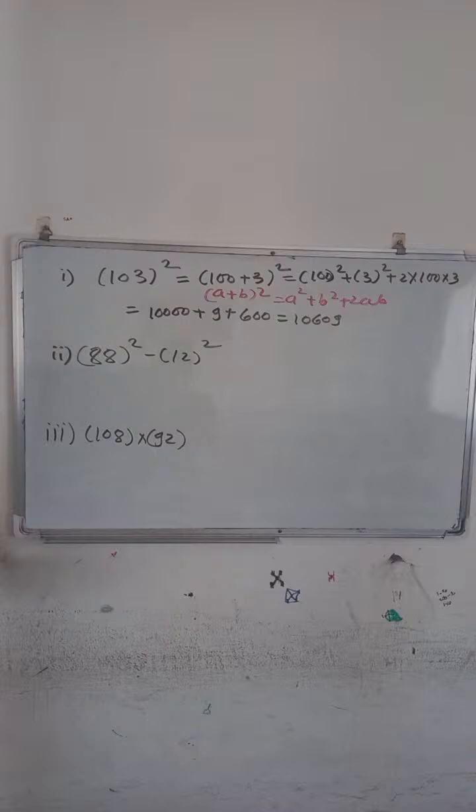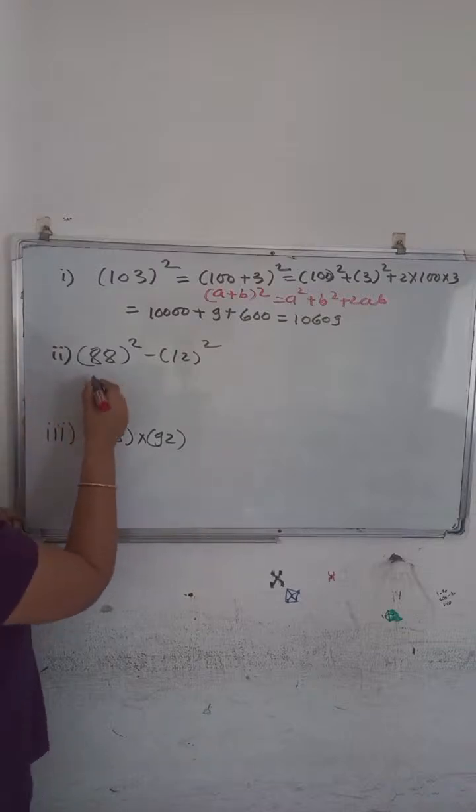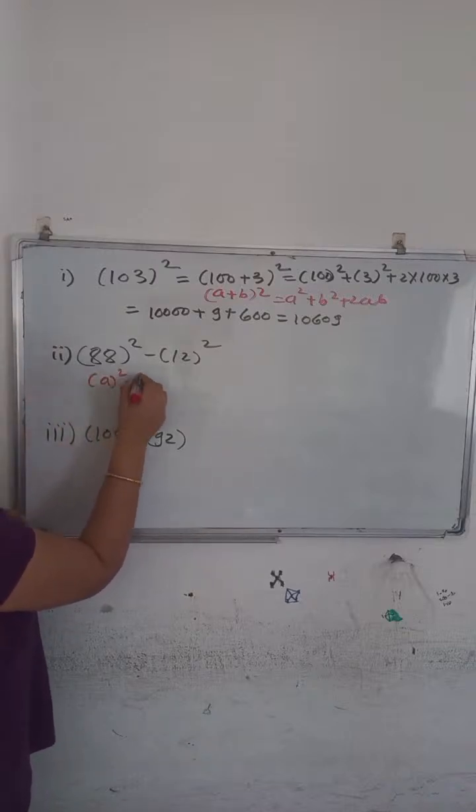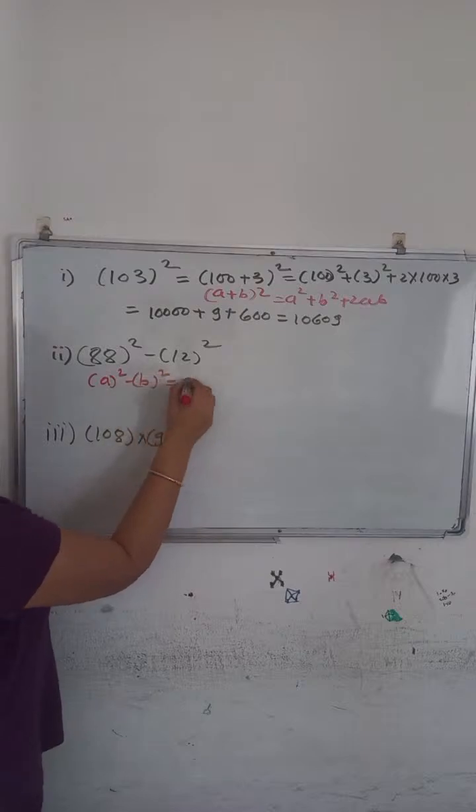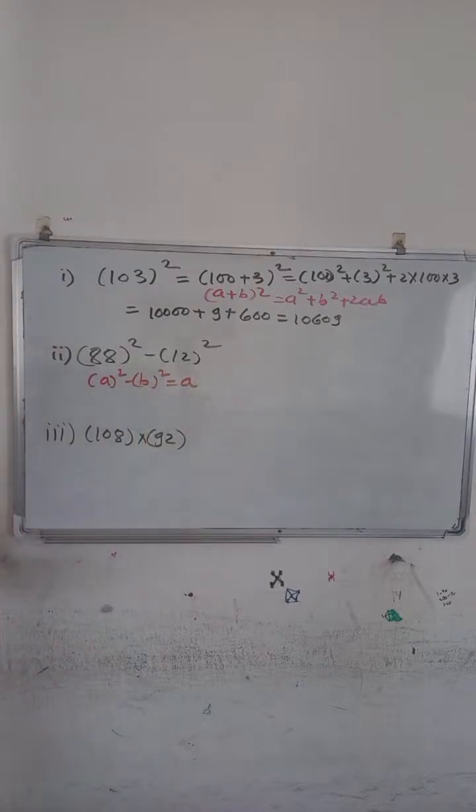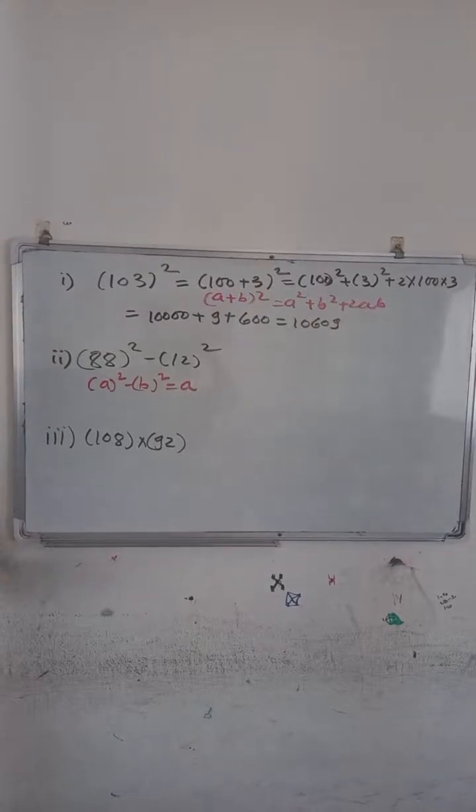So the first answer is 10,609. Now in this question you can use a square minus b square, which is nothing but a plus b and a minus b.